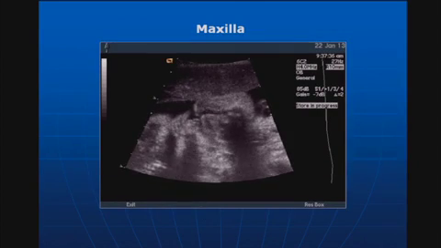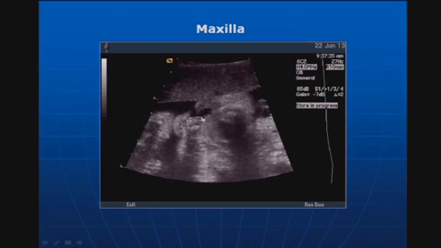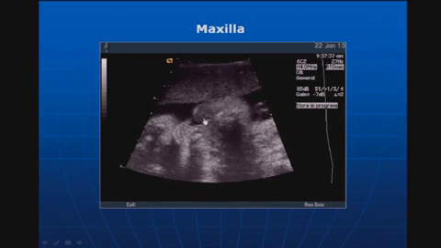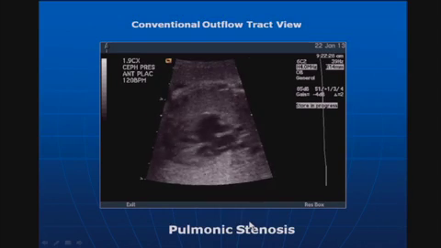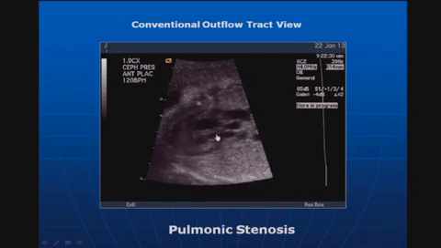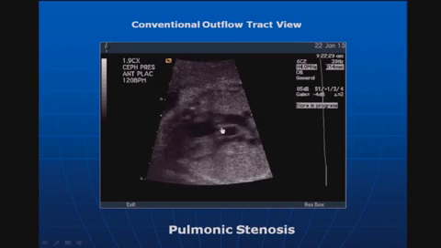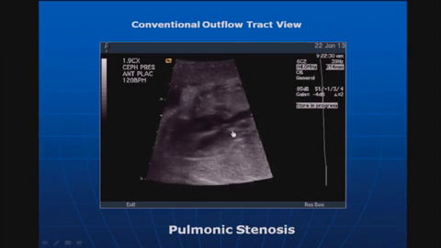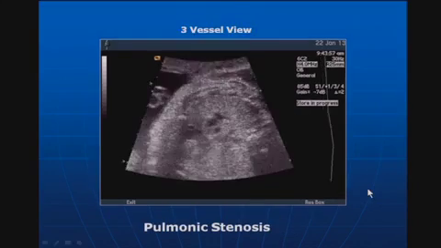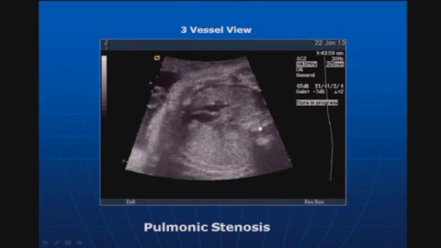You can then, at 30-some weeks, I went and re-looked, and this was a large cleft lip plus palate, the tongue right here. And you can now see in the normal conventional outflow tract views, LVOT looks okay, but you look at that RVOT, the pulmonary artery is increased in size. And then you look at the three vessel view.